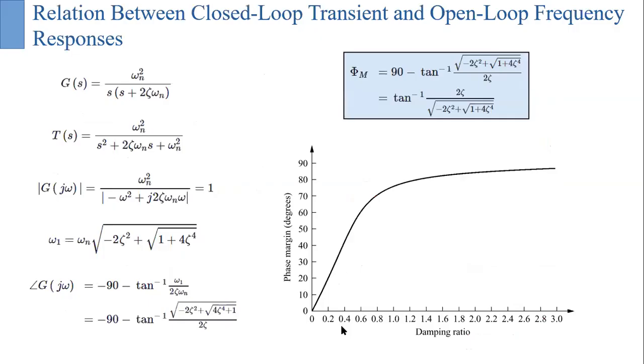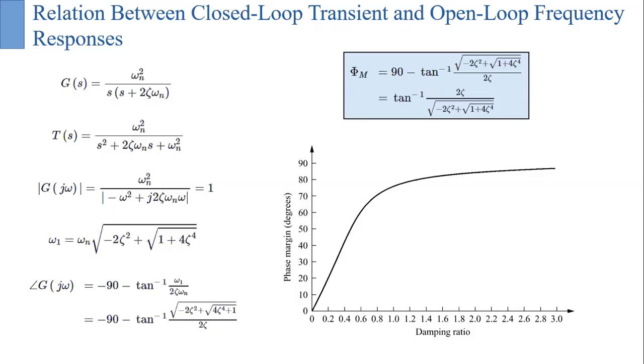So now next is the relation between the closed loop transient response and the open loop frequency response. How can we figure out the relation between the closed loop transient behavior and your open loop frequency response?